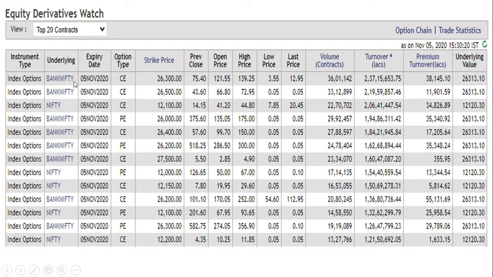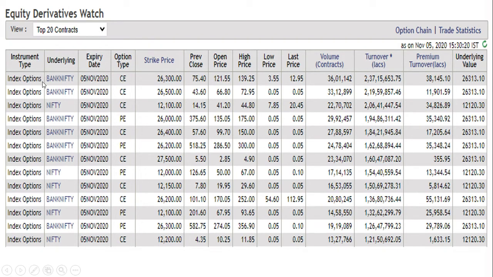So market participants change the strike price, they change the volume of the market, and the option premium also shoots up. If the Bank Nifty is having a good volatility, the option premium will also change. So option premium is dependent upon the volatility of those banking stocks.